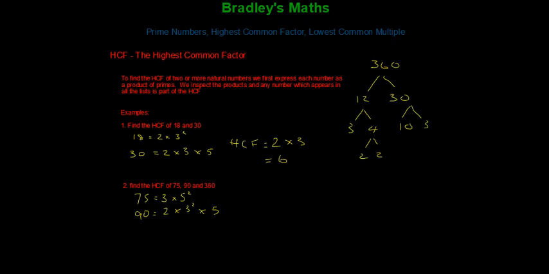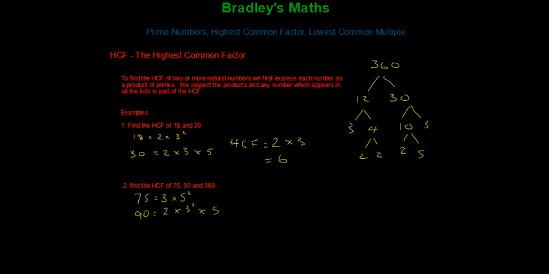And 10 is 2 times 5. And what we have there is the prime factorization of 360, because 3 is prime, 2 is prime, 2 is prime, 2 is prime, 5 is prime, and 3 is prime.